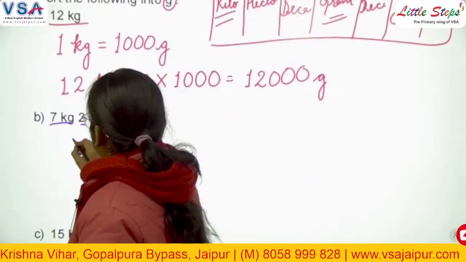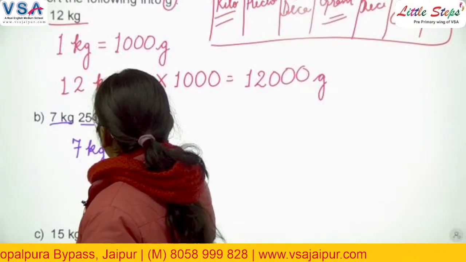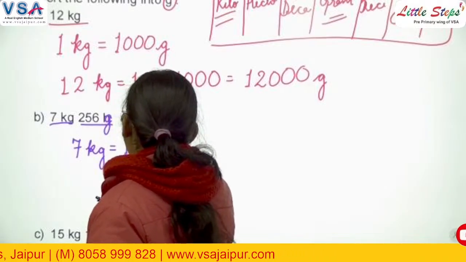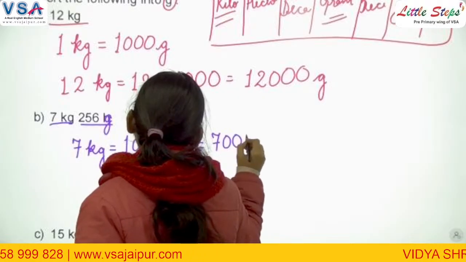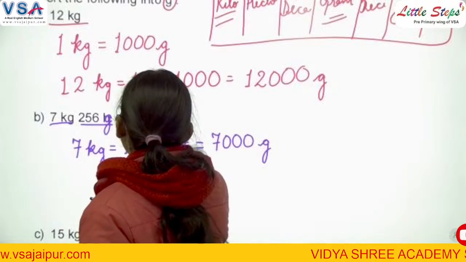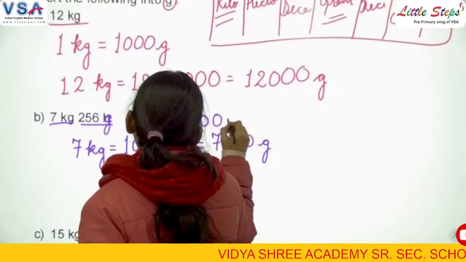So 7 kg equals 1000 multiplied by 7 equals 7000 grams. Why is it so? Because we know that 1 kg is equal to 1000 grams, right?